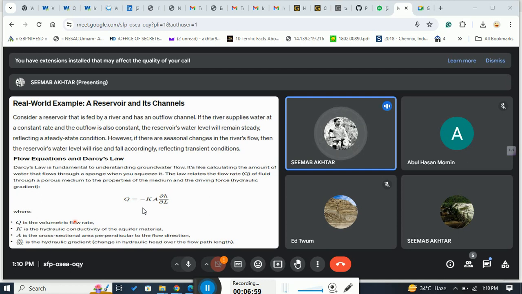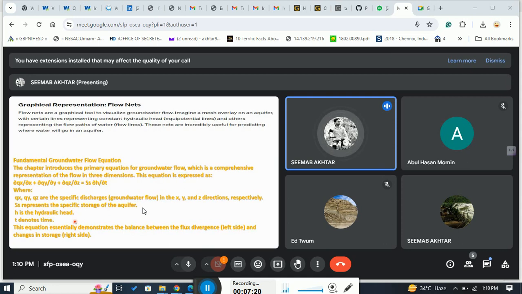Q is equal to minus K A delta H by delta L, where Q is the volumetric flow rate, K is the hydraulic conductivity of the aquifer material, A is the cross-section area perpendicular to flow direction, and delta H by delta L is the hydraulic gradient, the change in the hydraulic head over the flow path.